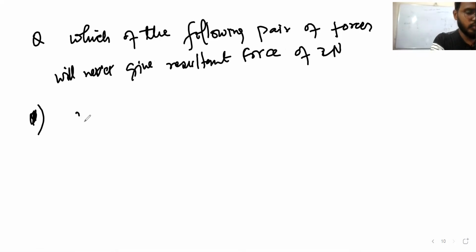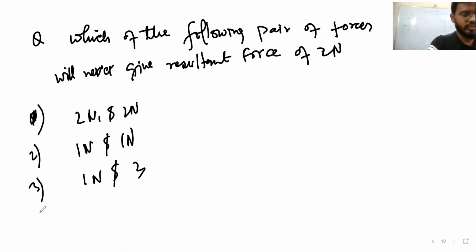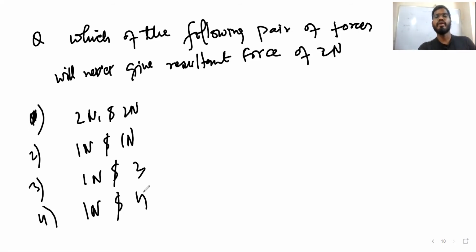First option is 2 Newton and 2 Newton. Second option is 1 Newton and 1 Newton. Third option is 1 Newton and 3 Newton. Fourth option is 1 Newton and 4 Newton. Which of the following pairs of forces will never give a resultant of 2 Newton?